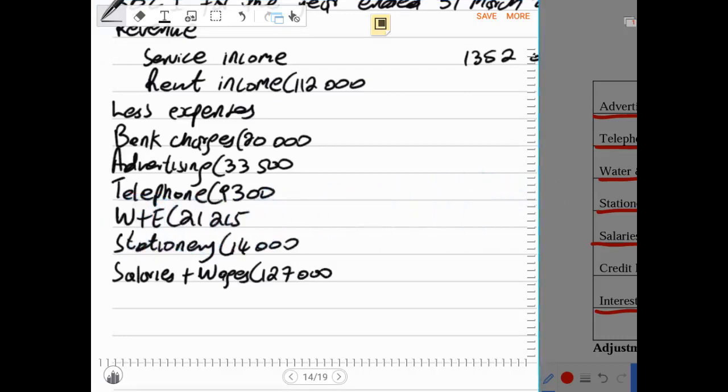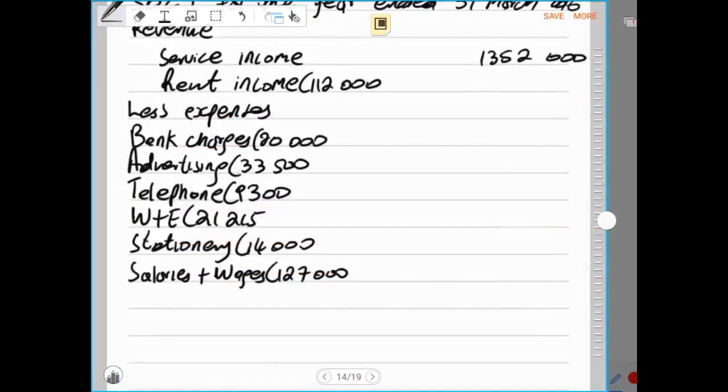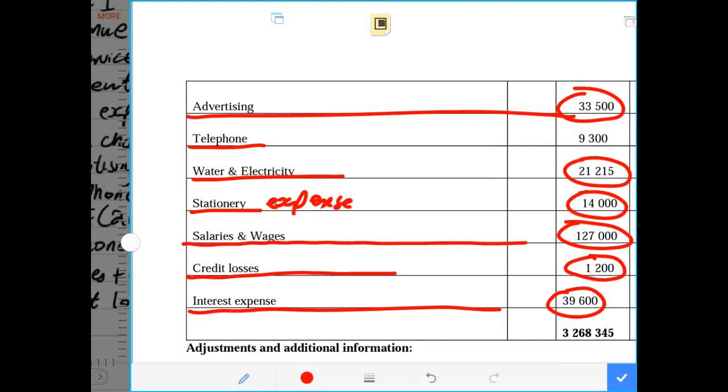And the next expense is credit loss, and our credit loss is 1,200 rands. Then we record the credit loss, and our credit loss is given to be 1,200 rands. The last expense that we have is the interest expense or finance cost for 39,200.